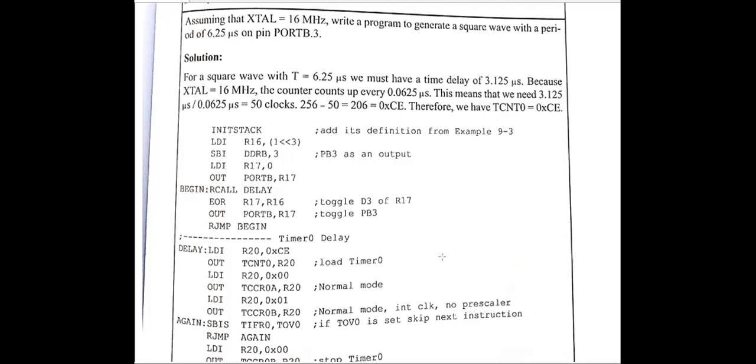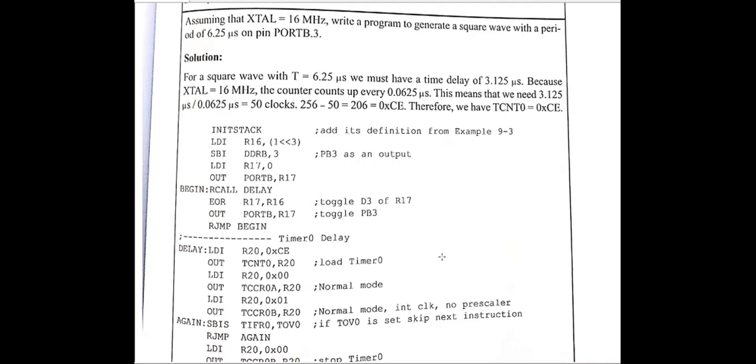The counter counts up every 0.0625 microseconds. This means that we need 3.125 microseconds divided by 0.0625 microseconds, which is equal to 50 clocks. That is 256 minus 50, equal to 206. So 206 is 0xCE, therefore we have TCNT0 equal to 0xCE.